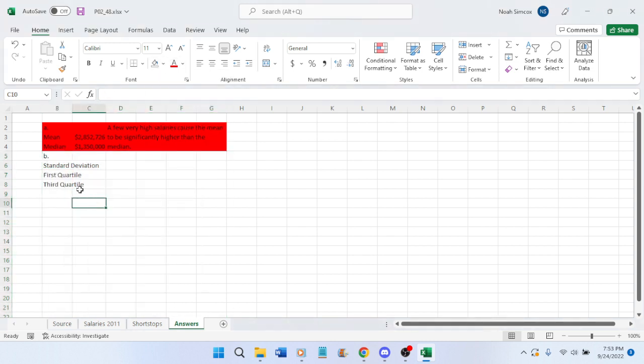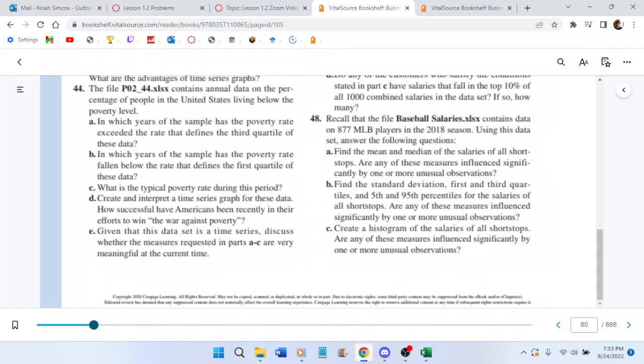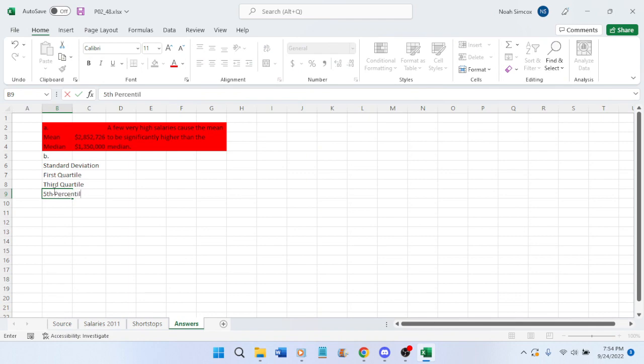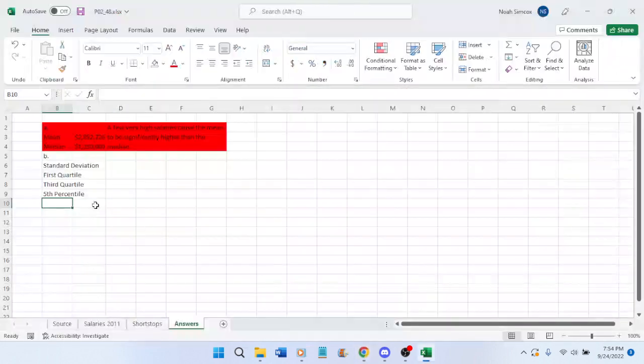No, Bill. Third quartile. Oh my gosh. Fifth percentile. 95th percentile.